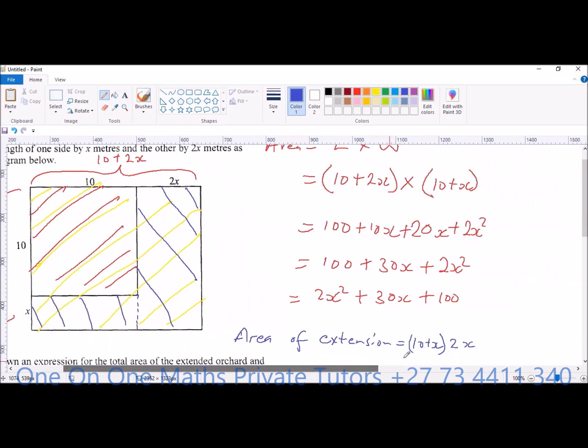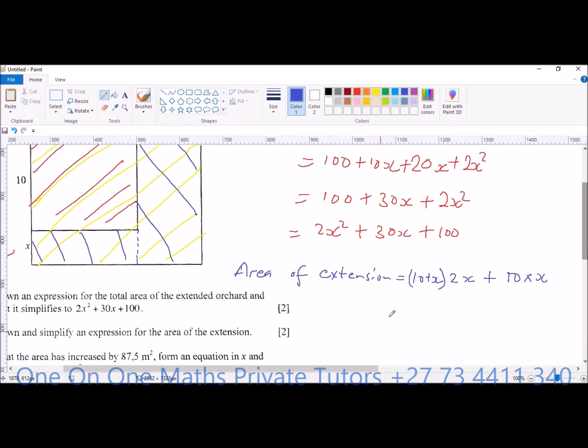Okay, plus our length there, 10, and our width there times x. So we calculated the area of this rectangle plus the area of that rectangle.